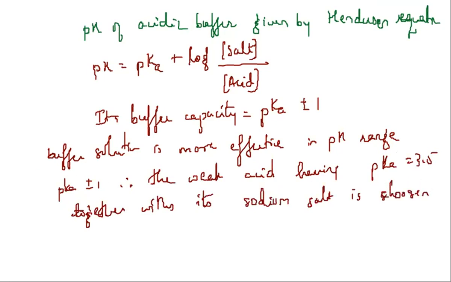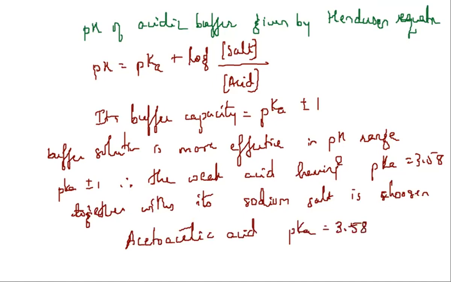Why? Since the buffer solution is more effective in the pH range pK plus or minus 1. Therefore, the weak acid having the value 3.58 together with its sodium salt has to be chosen. Which one is having 3.58? It is acetoacetic acid. Its pKa value is 3.58.